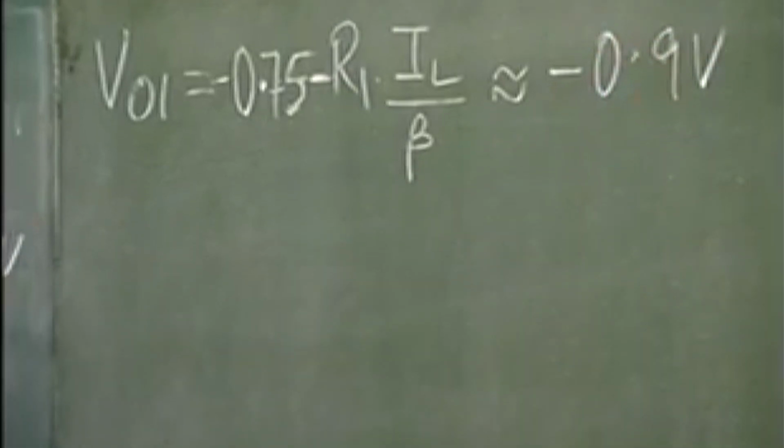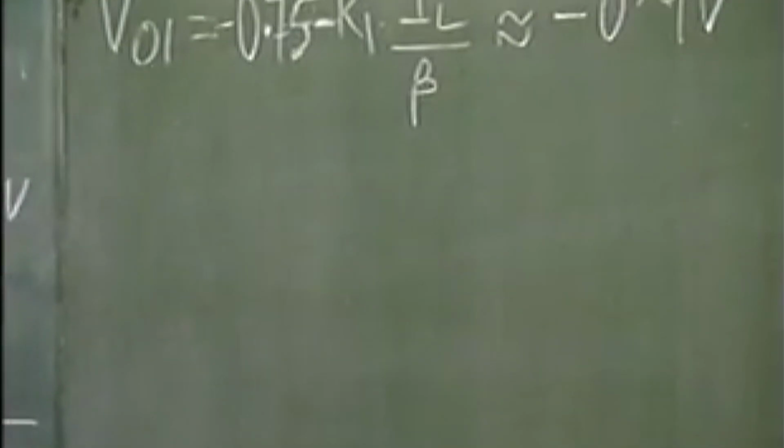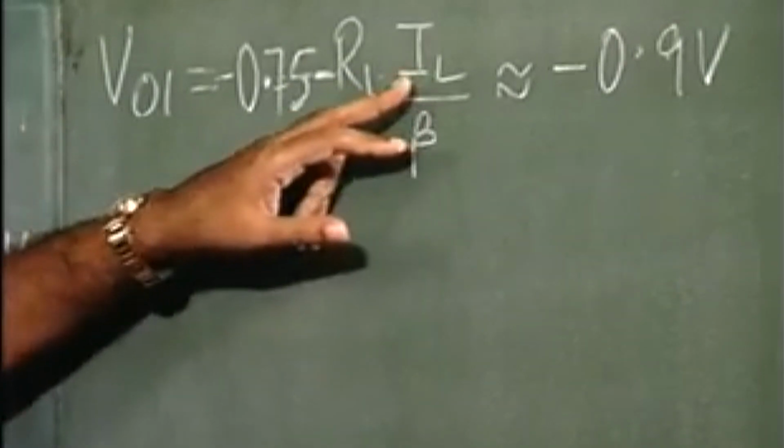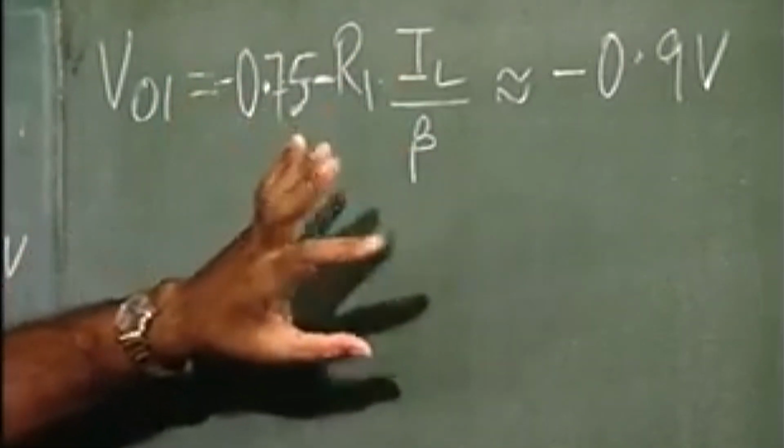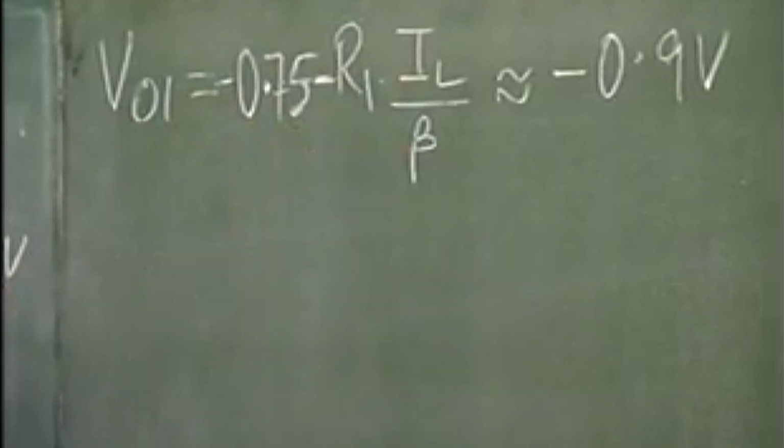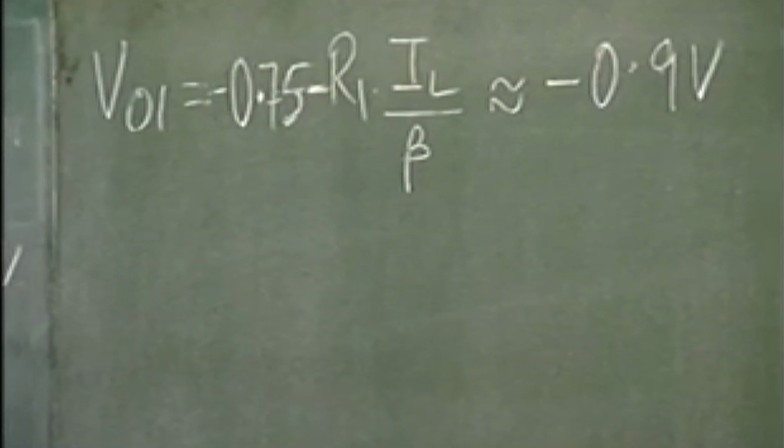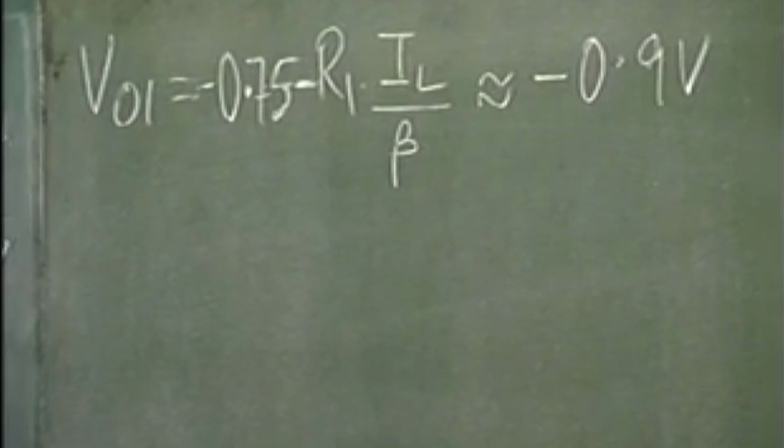Just an assumption, that the value of IL is such that this drop is 0.15 volts and you have VO1 is minus 0.9 volts.